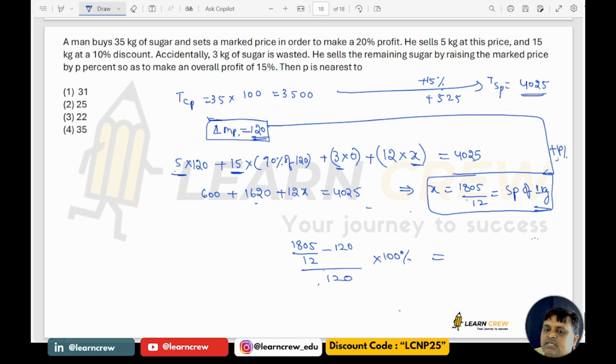Now 1805 minus 1440, divided by 12 into 5, gives 365 into 5, which is 1825. 1825 by 72, so approximately it is 25 percentage. So option 2 is correct.